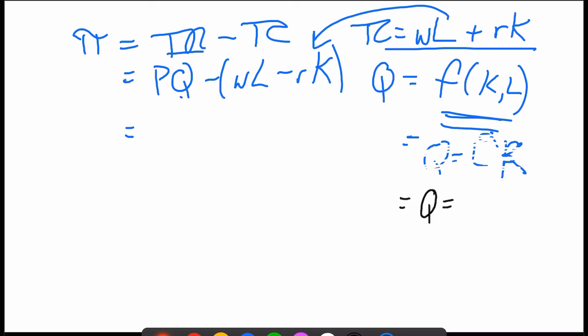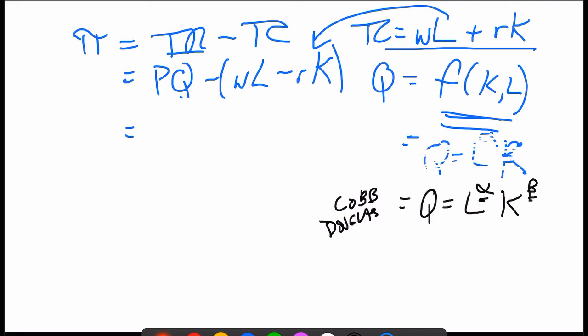Simplest possible Cobb-Douglas: Q equals L to the alpha and K to the beta, where we don't put any restrictions on what alpha and beta are. So alpha is kind of the marginal productivity of labor, and beta is kind of the marginal productivity of capital.